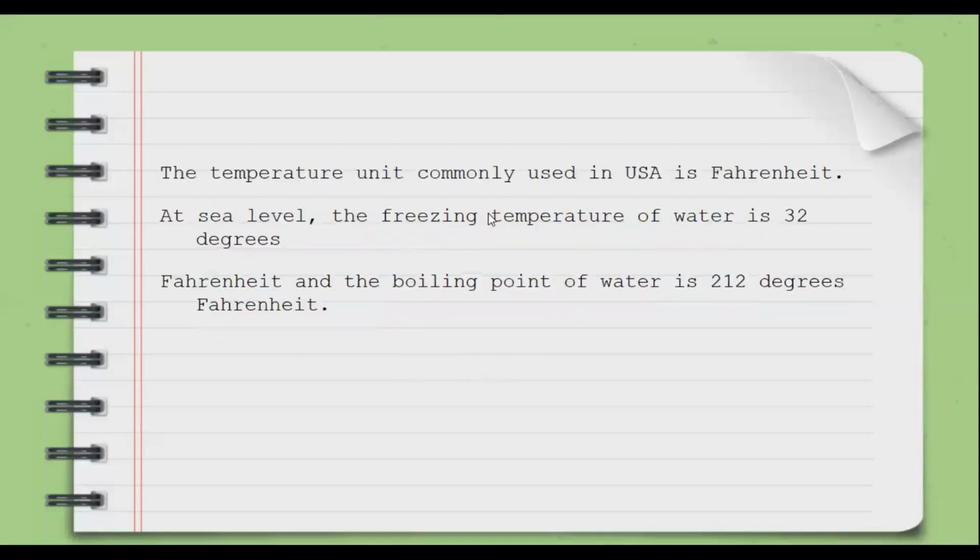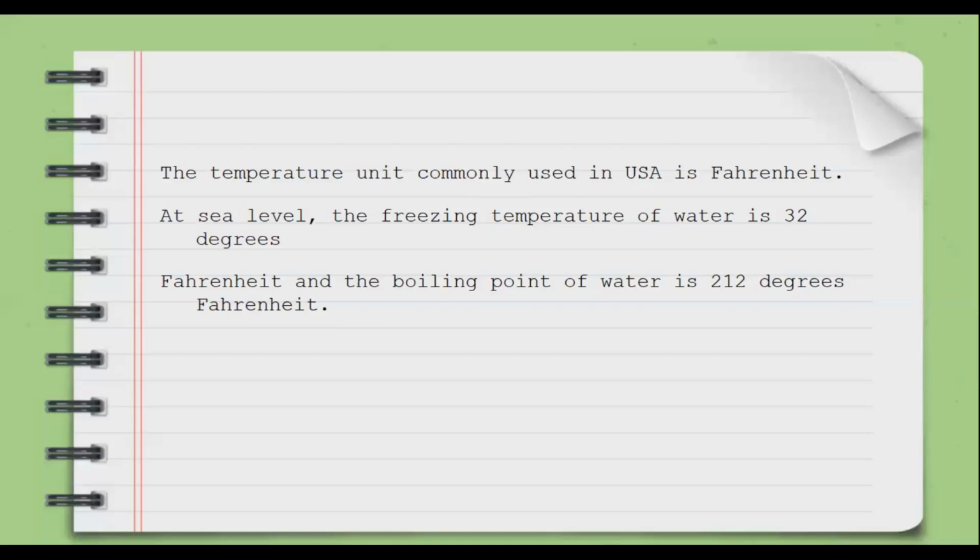So the temperature unit also commonly used in the USA is the Fahrenheit. And the temperature unit used in the metric system is the degrees Celsius. So at sea level, the freezing temperature of water is 32 degrees Fahrenheit.